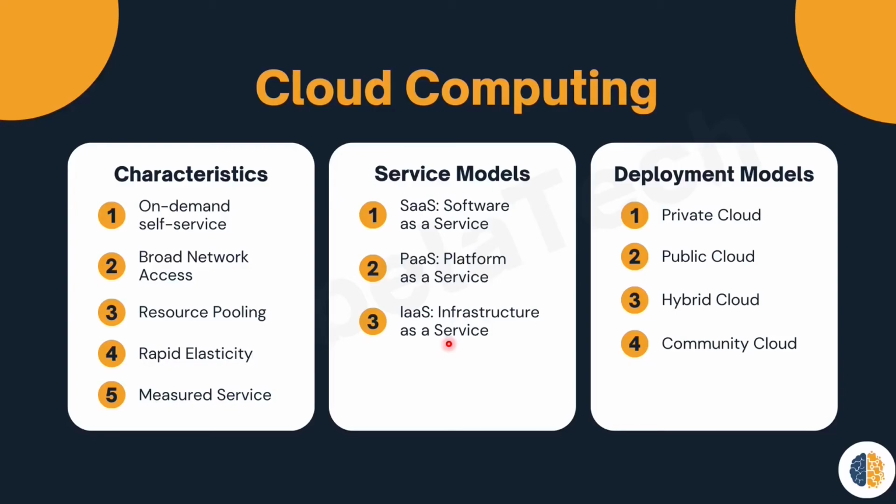Hybrid cloud. The cloud infrastructure is a composition of 2 or more clouds, which means private, community, or public, that remain unique entities but are bound together by a standard or proprietary technology that enables data and application portability.